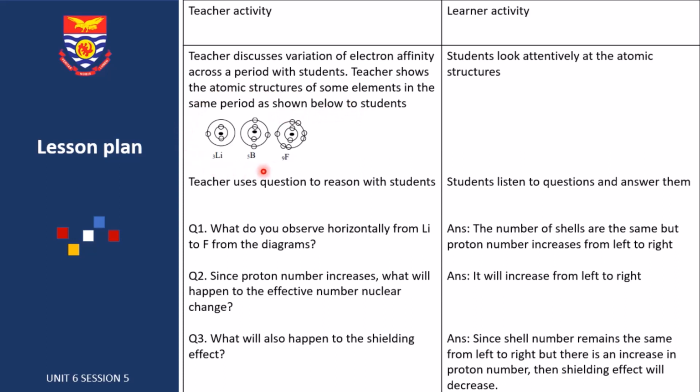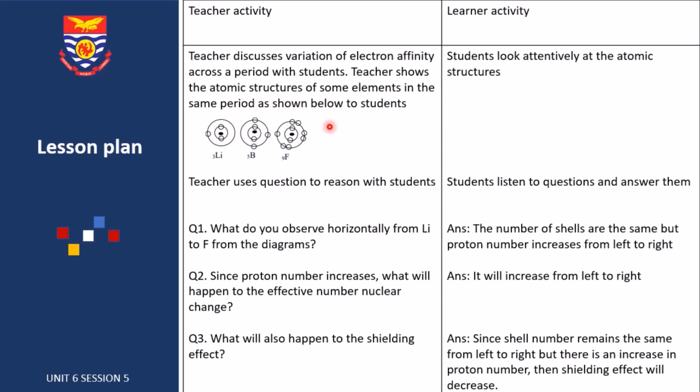So these ones are part of the materials we mentioned. And so at this point we are going to use this material. So the column for teaching learning resources, this is the time that we are going to mention this, maybe a chart of this. The students are to look attentively at the atomic structures that you are going to show to the students.